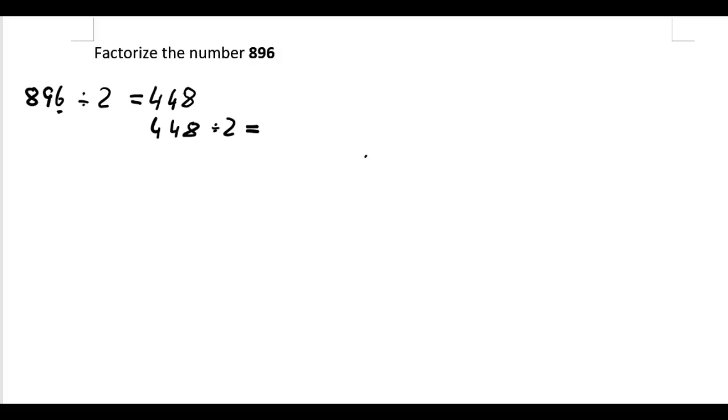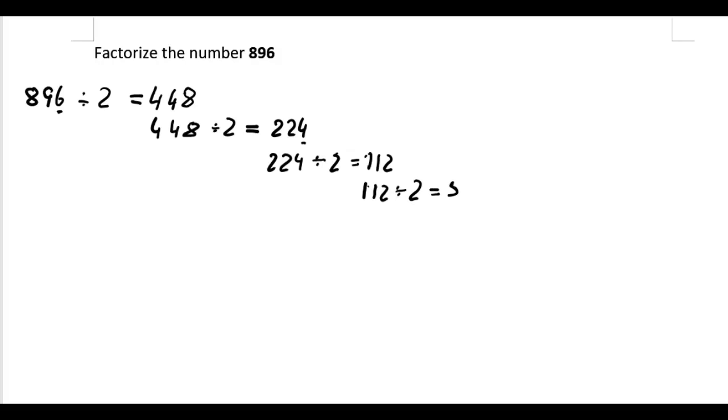So this would give us 224. Again, the last number is an even number, so we certainly can divide that by 2 again. And that would give us 112. Again, we've got an even number. 112 can be divided by 2.